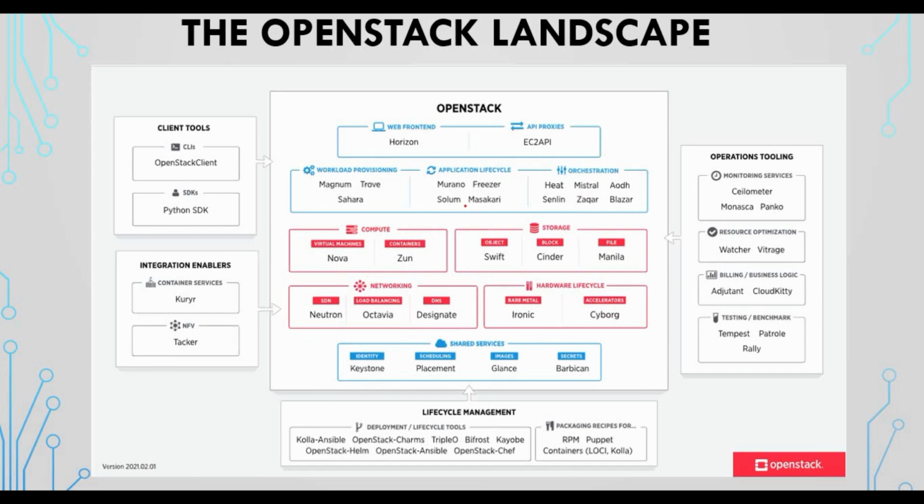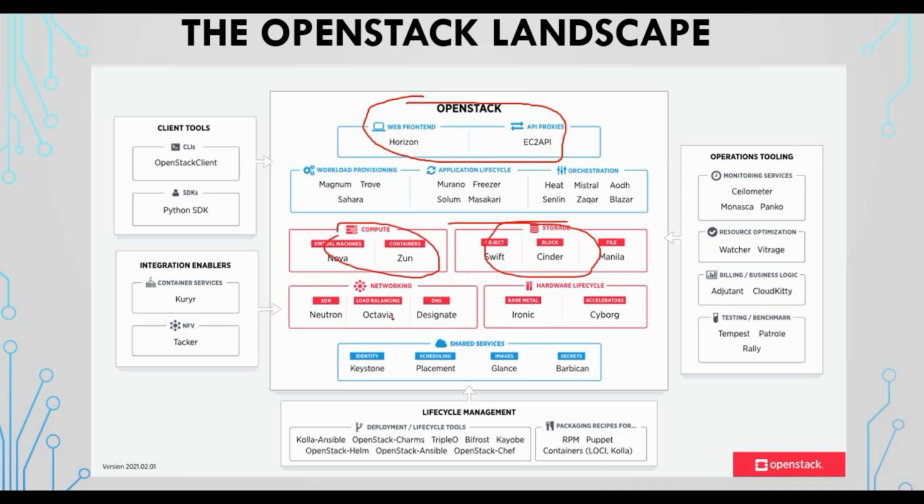So this is another landscape for OpenStack. If you see, this is the same thing we discussed on the web page, with all the components. In the front end we have Horizon and the EC2 API, and you have other workload provisioning, application and orchestration. These are the compute services.